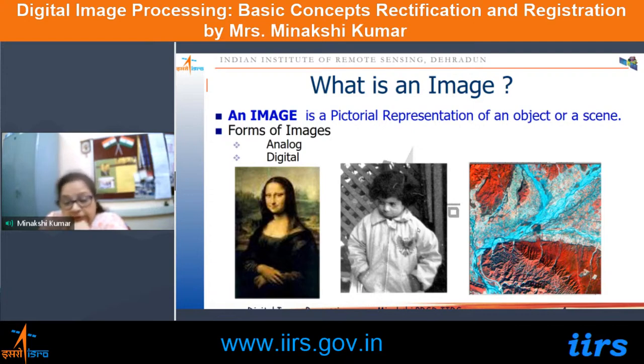So this is the visual representation of that intensity. Here these are the colors. This is the satellite image, a false color composite. I hope you understand what a false color composite is. So here also it is displaying intensity, colors, shades. So this is the analog representation of the data which was captured in digital.